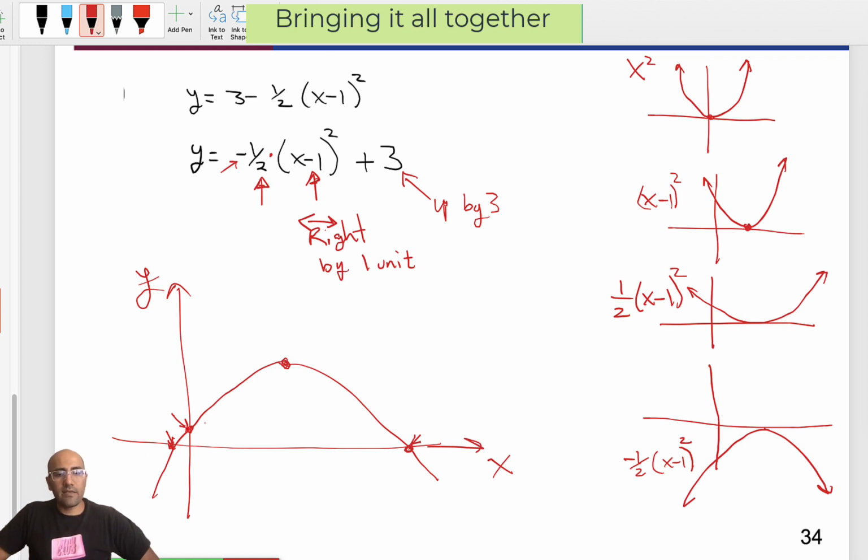Good. To find these other things, we'd have to find the y-intercept. That means we let x equal 0. Plug in a 0, that becomes minus 1 squared is 1. That becomes negative 1/2 times 1. That's going to become 3 plus negative 1/2, which is 2.5. So we should be able to get that this is (0, 2.5) fairly easily.